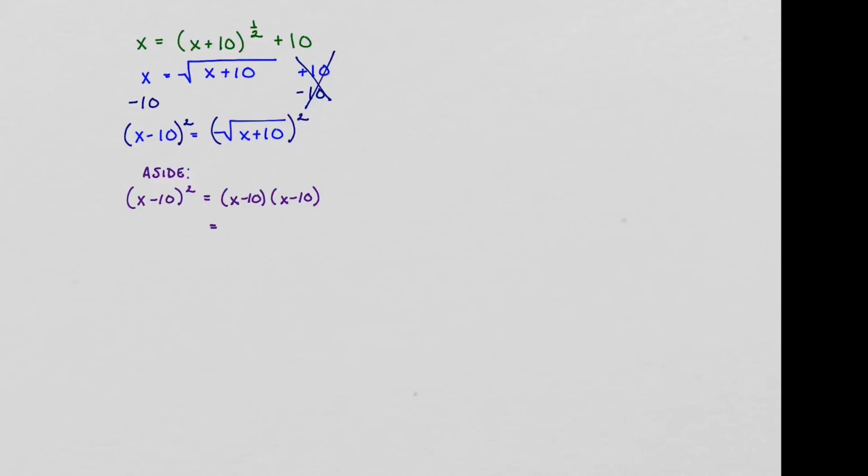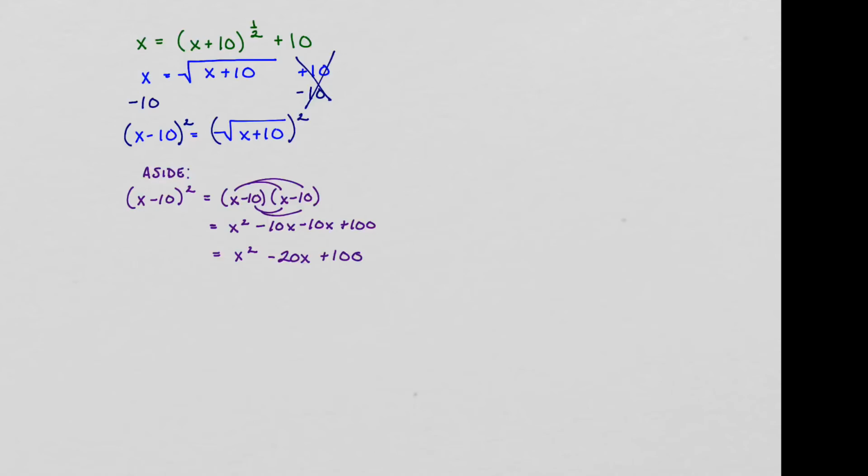In doing this, we'll get x squared minus 10x minus 10x, and then plus 100. From here, we can combine like terms. This is going to give us x squared minus 20x plus 100.